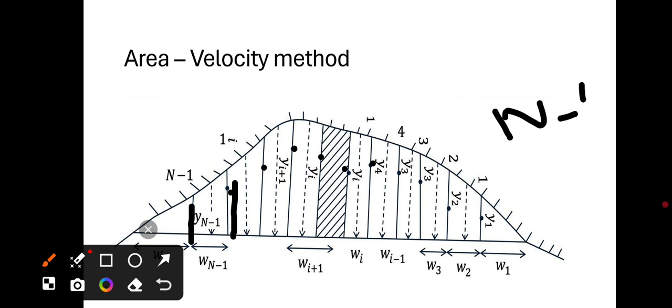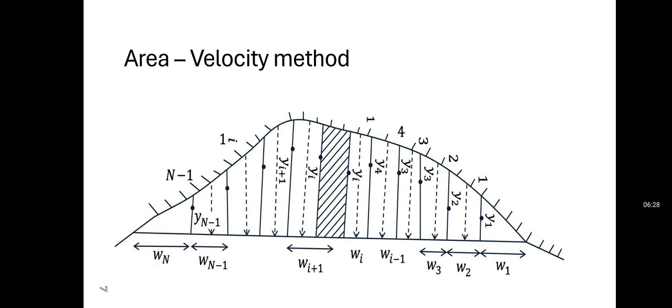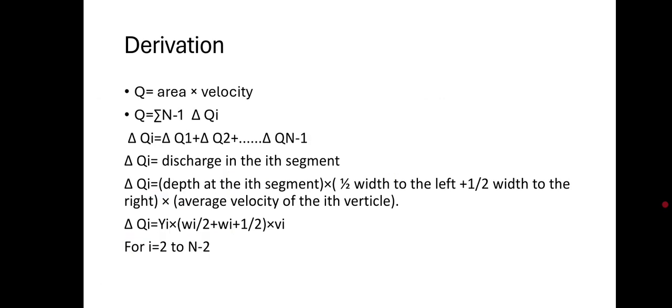the total discharge is calculated by the method of midsection. Discharge of each section is found out by multiplying its area with the representing velocity. Q is equal to area into velocity.